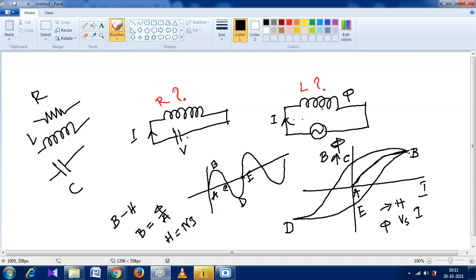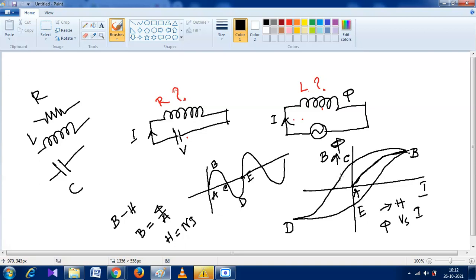If we increase the current from A to B, then the value of flux is also increasing. Then when we decrease the current and it becomes zero, the point comes at C, because here on the y-axis the value of current is zero.